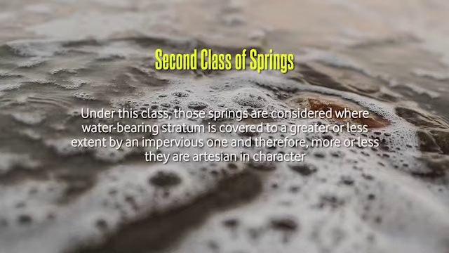Under this class, those springs are considered where the water bearing stratum is covered to a greater or less extent by an impervious one, and therefore more or less they are artesian in character.